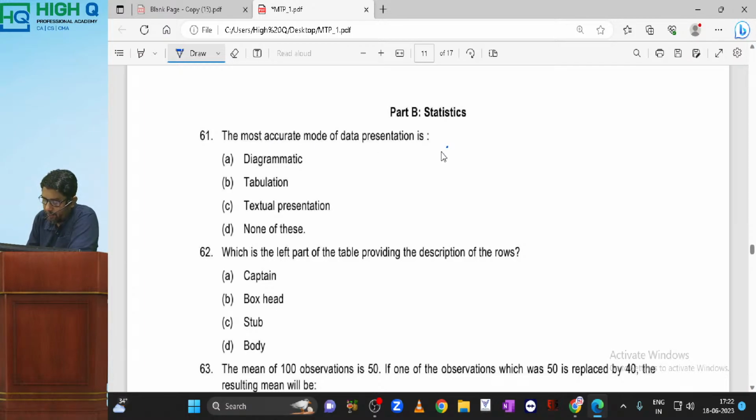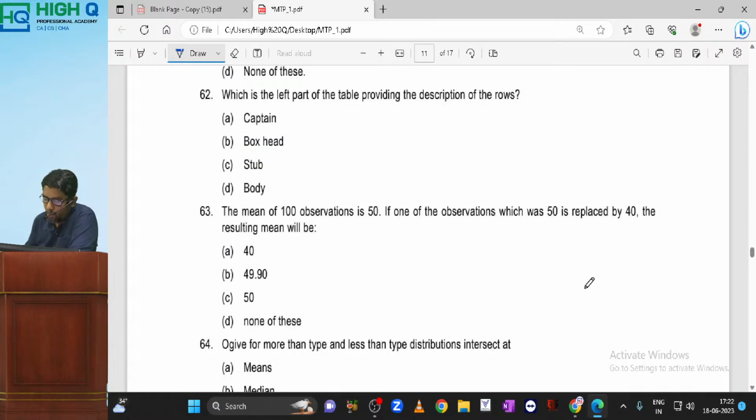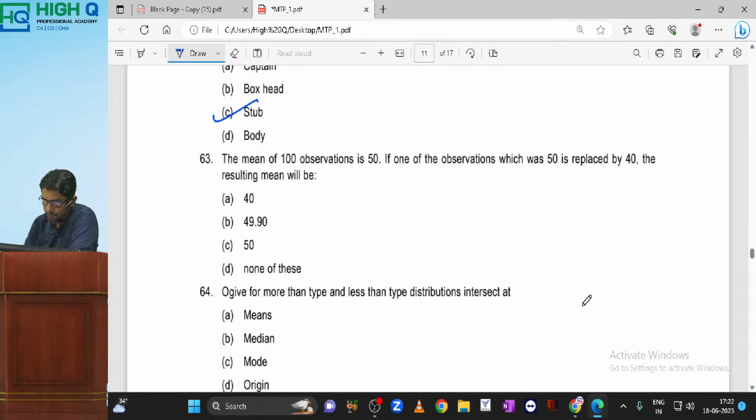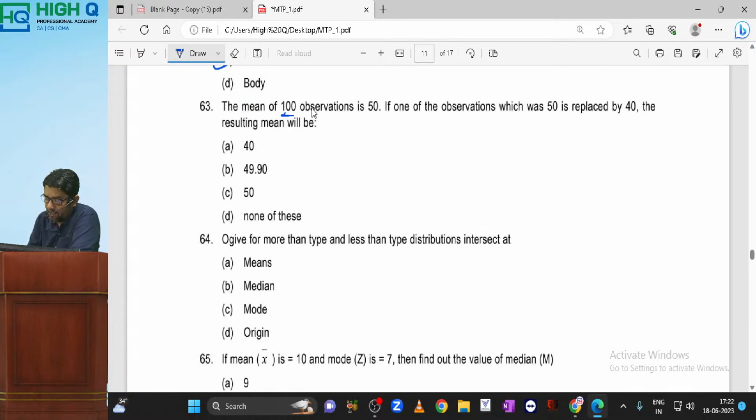The most accurate mode of data presentation is tabulation, which is the left part of table providing the description of rows, stub. The mean of 100 observations is 50. If one of the observations, which is 50, is replaced by 40, what is the corrected arithmetic mean? Corrected mean is n x bar minus wrong observation plus correct observation, divided by n.